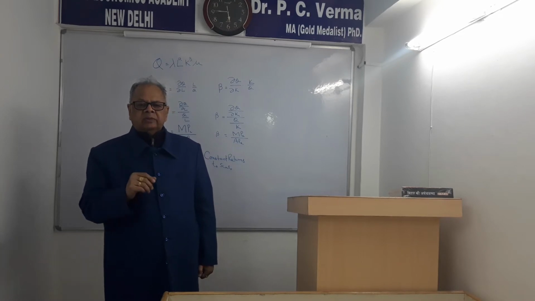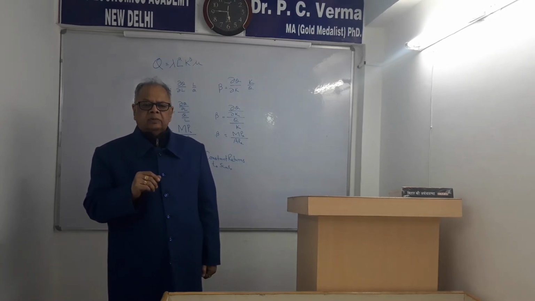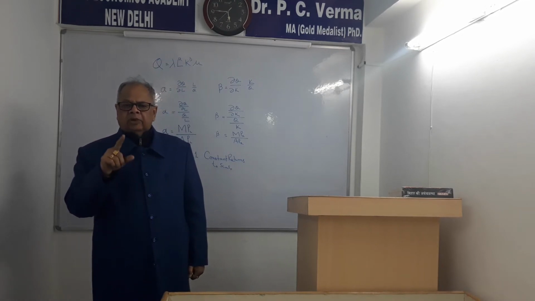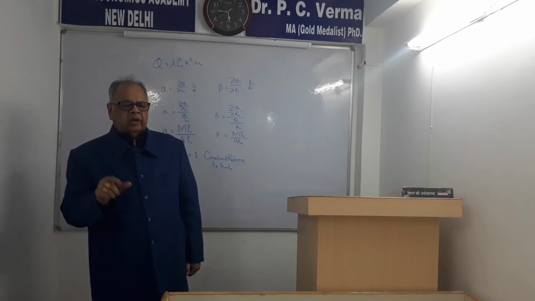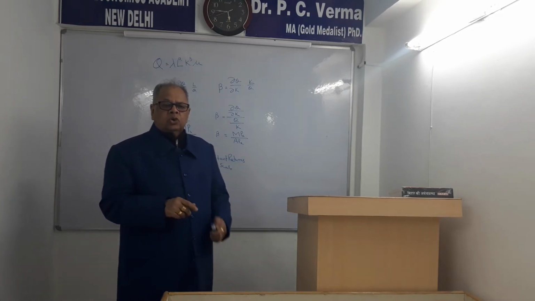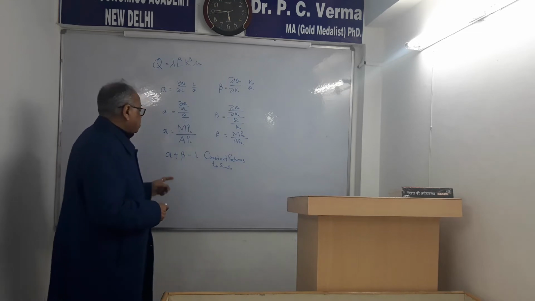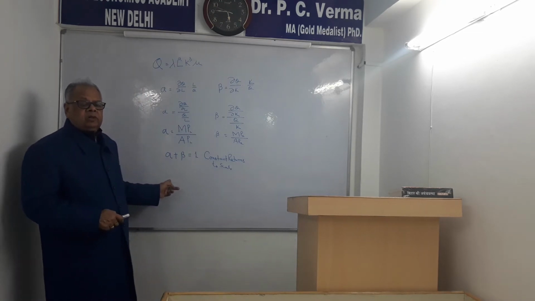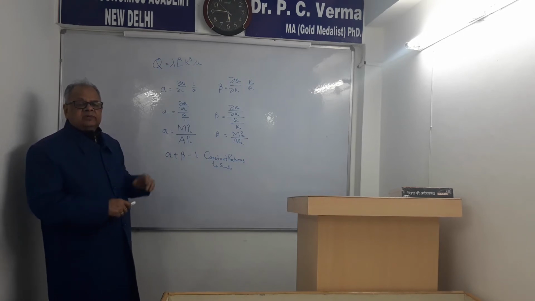Number three, law of diminishing returns to a scale. So, this Cobb-Douglas production function is based upon the assumption of constant returns to a scale.